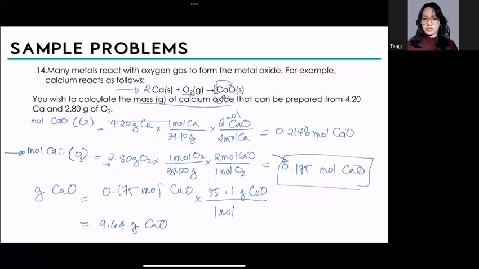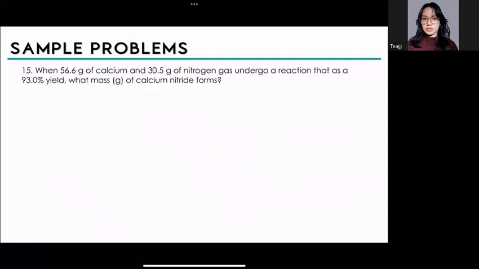So now we are solving faster because we already know the steps to convert grams into moles, to convert moles into grams, vice versa, to use molar ratio, and to balance chemical equations. Now let's go to number 15, which involves reaction yield or percent yield.